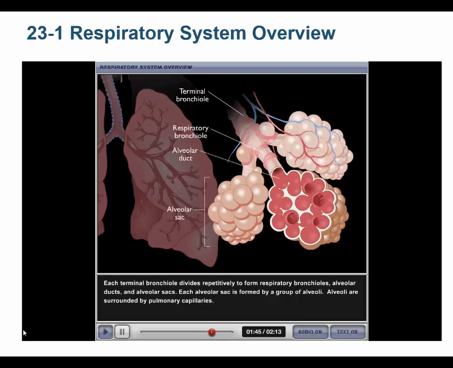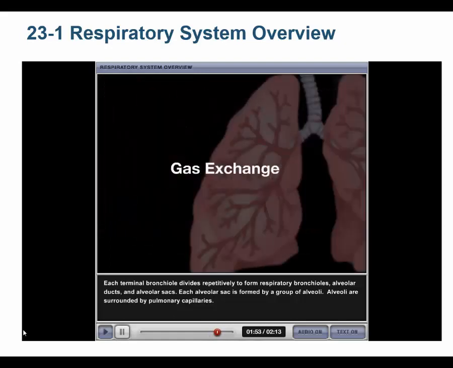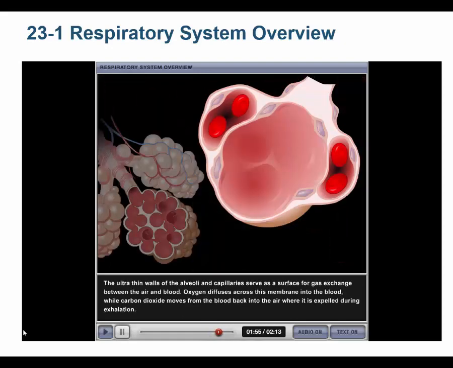Each alveolar sac is formed by a group of alveoli. Alveoli are surrounded by pulmonary capillaries. The ultra-thin walls of the alveoli and capillaries serve as a surface for gas exchange between the air and blood. Oxygen diffuses across this membrane into the blood, while carbon dioxide moves from the blood back into the air where it is expelled during exhalation.